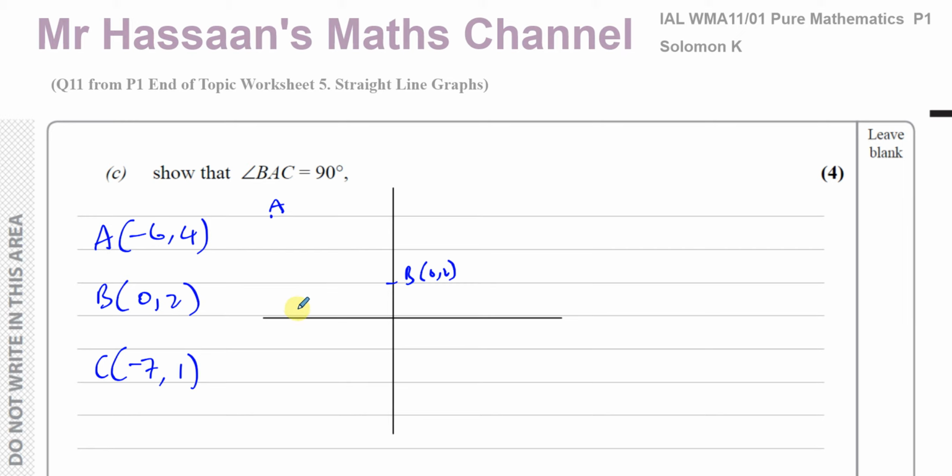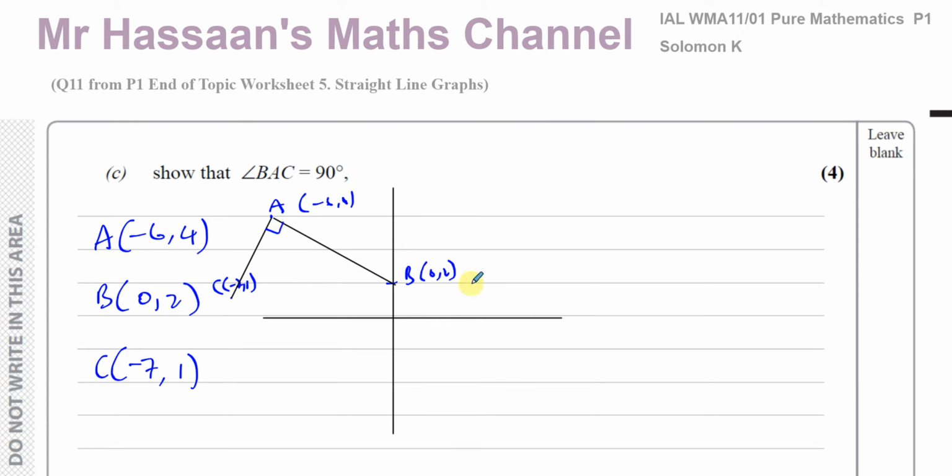So we've got to show that BAC is 90 degrees. And A was negative 6, 4. So we've got the line from there to there. We've got to show that this angle is 90 degrees.